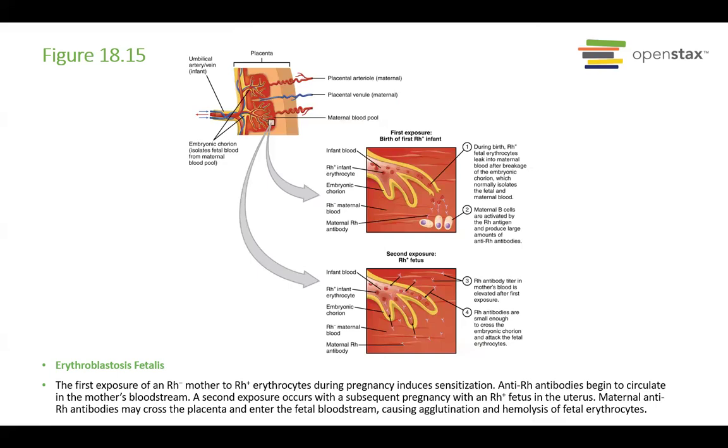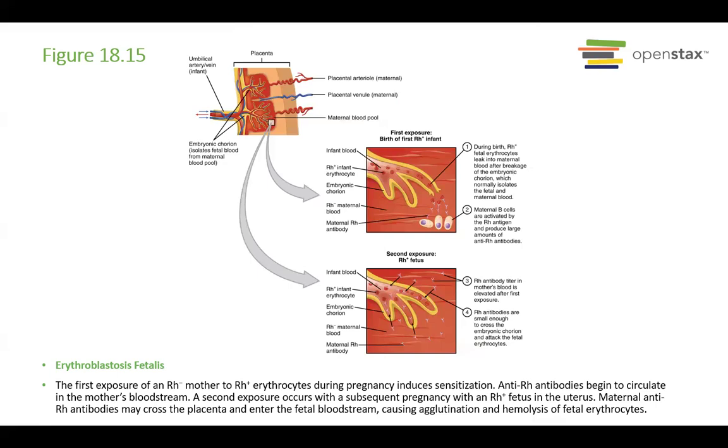No. But when the mom's positive, but the baby is negative, will she destroy it? No, she will not destroy it, because she has already been sensitized. So she's used to Rh or no Rh.